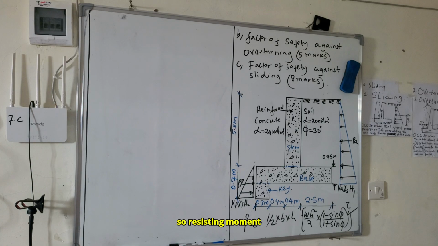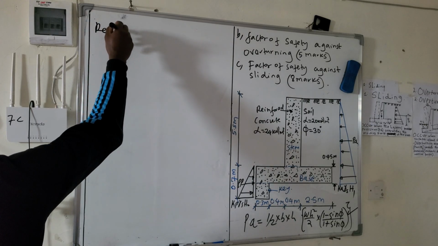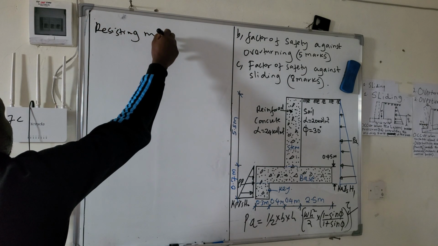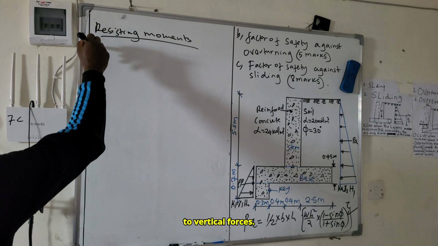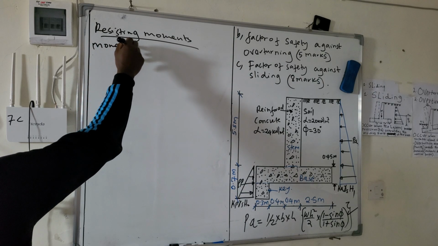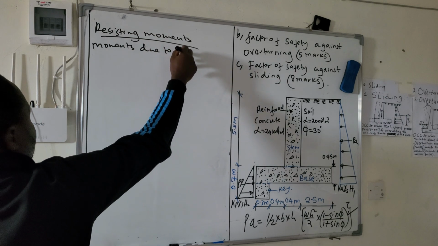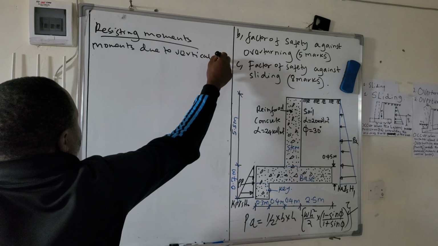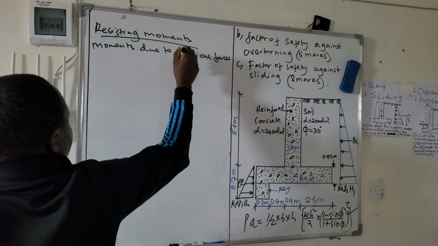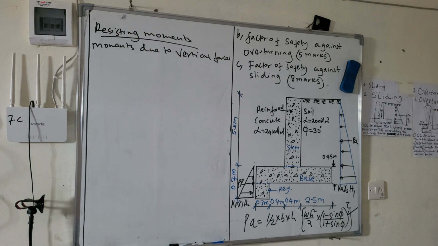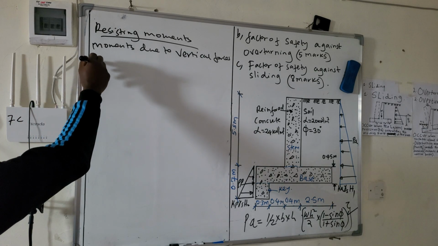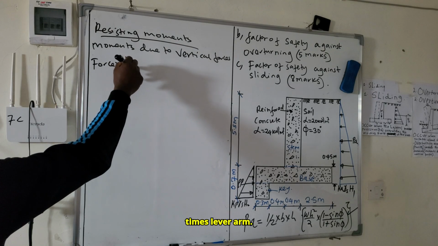So resisting moment is the moment due to vertical forces, and this one is given by the formula force times lever arm.